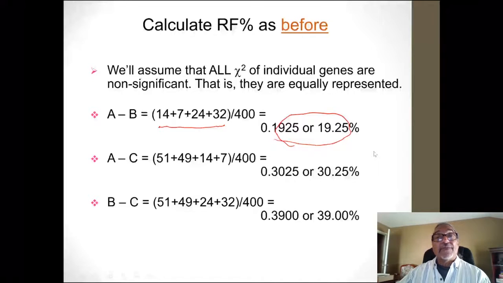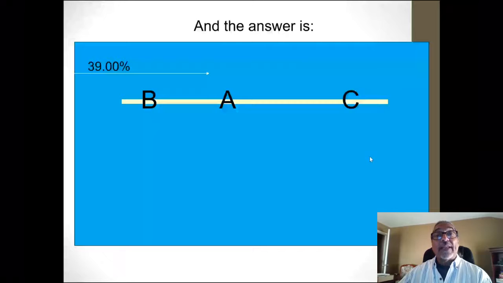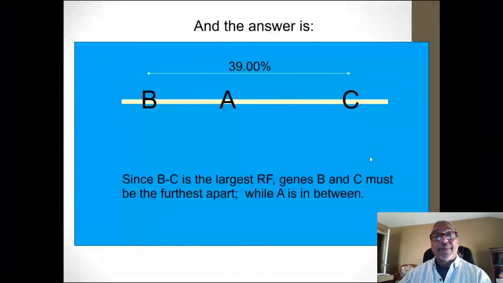Now here comes the fun part. When we know the recombination frequencies between all pairs of genes on a single chromosome, we can do something really unique. And that is, we can line up the genes on our imaginary chromosome.